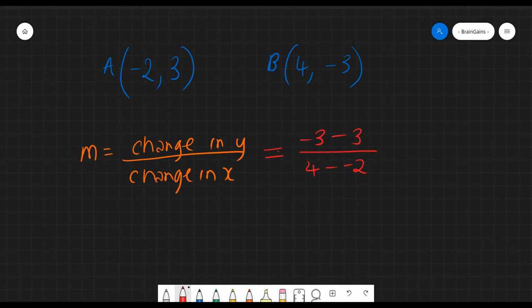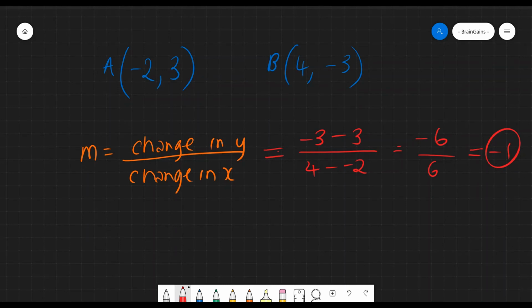This way we're finding a difference in the y-coordinates and the x-coordinates. So minus 3 minus 3 would be minus 6, and 4 minus negative 2 would become 4 plus 2, which is 6. Minus 6 over 6 is negative 1. So the gradient of the line is negative 1.